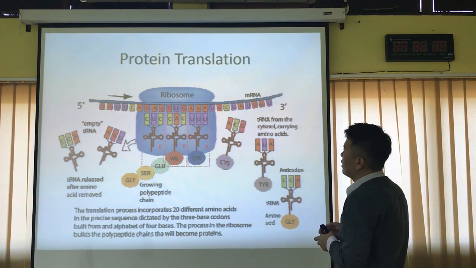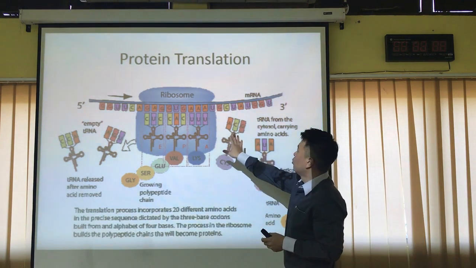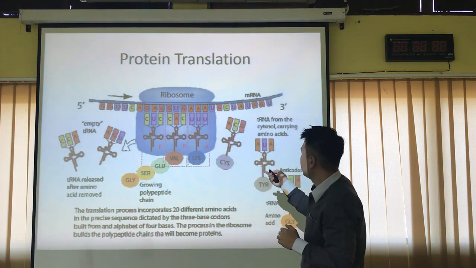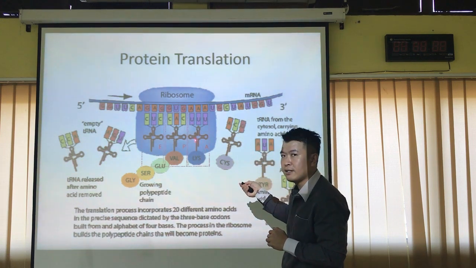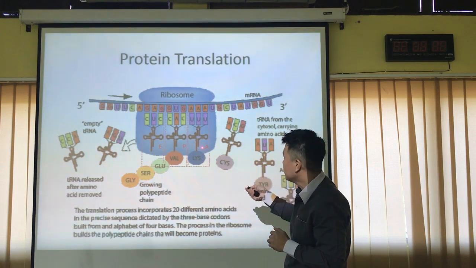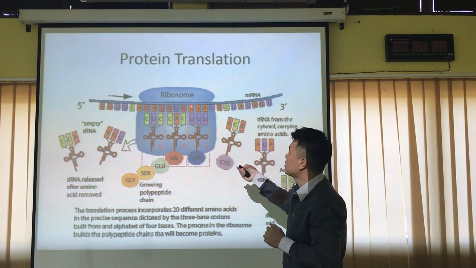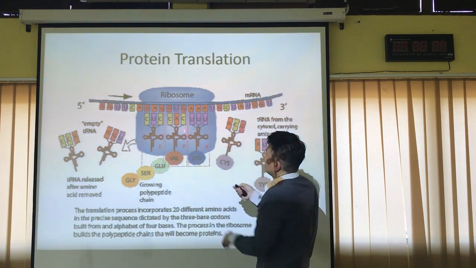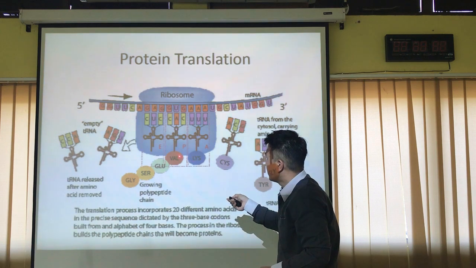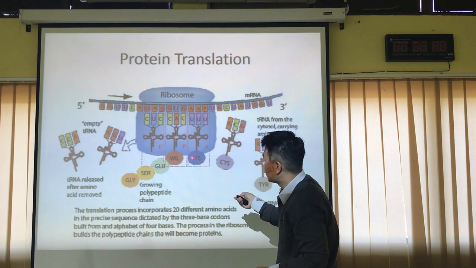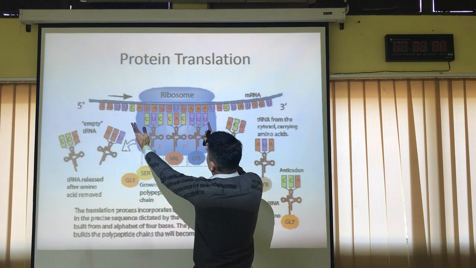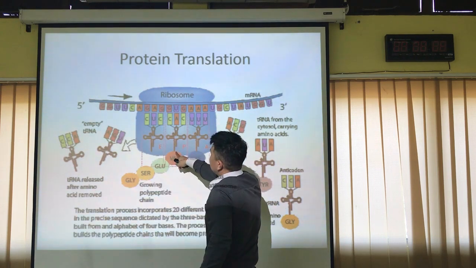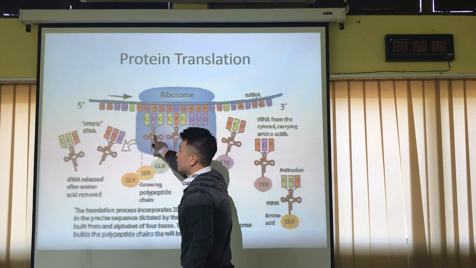The tRNA brings the amino acid, and first it goes into the A site. If they are complementary, it pairs with the mRNA, and as the ribosome moves, the peptide bond will be synthesized. Imagine this ribosome is moving, so the tRNA will be out, then this will move to here.